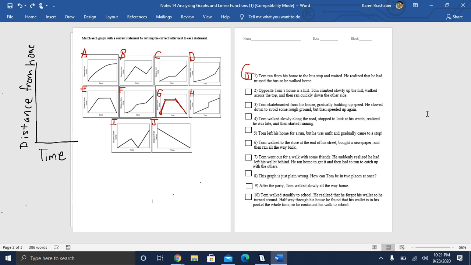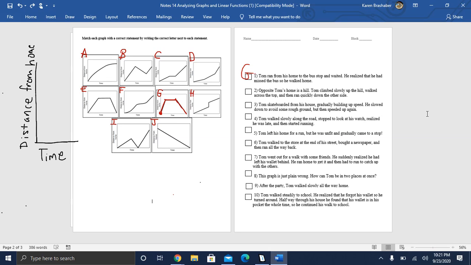All right, problem number 2. It says opposite Tom's home is a hill. Tom climbed slowly up the hill, walked across the top, and then ran quickly down the other side.